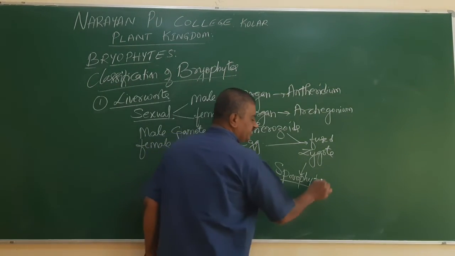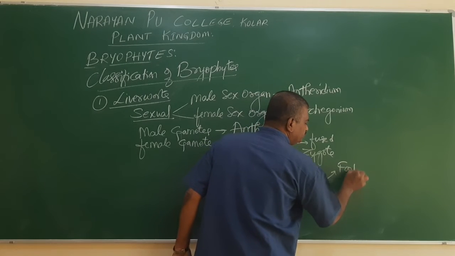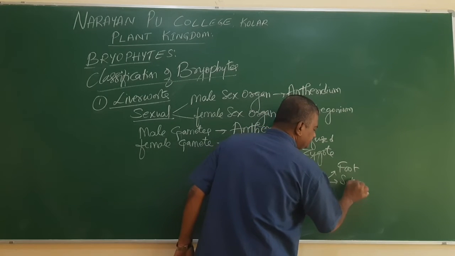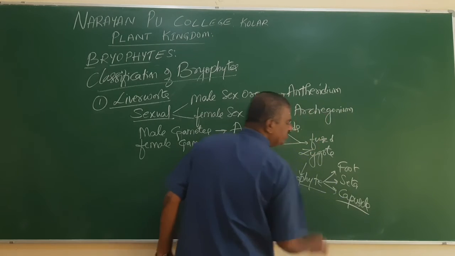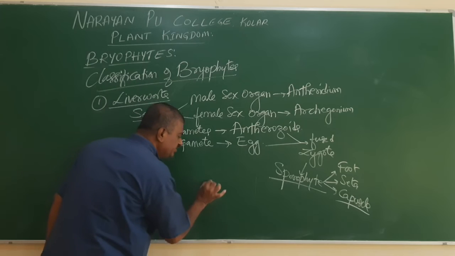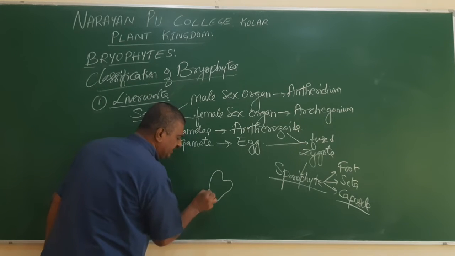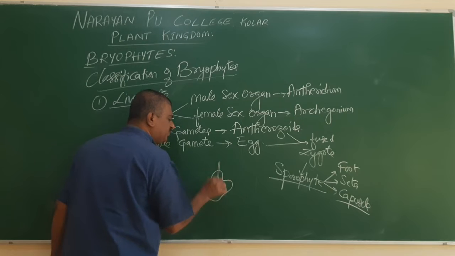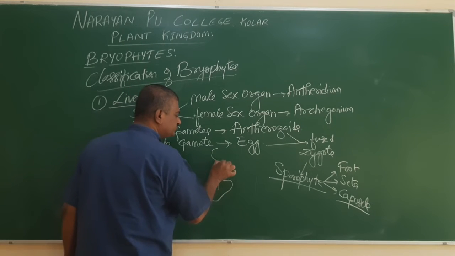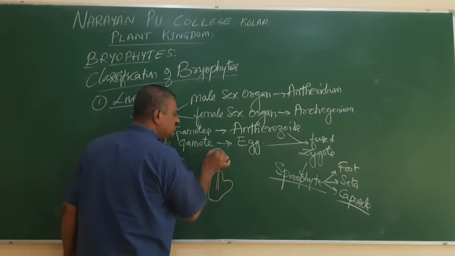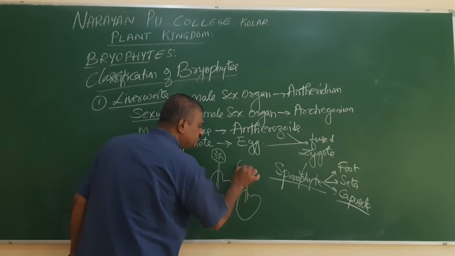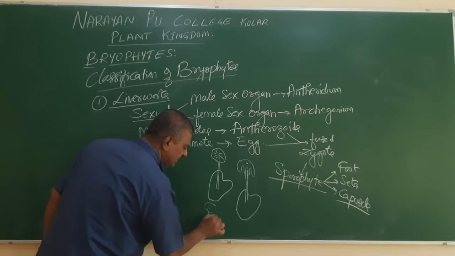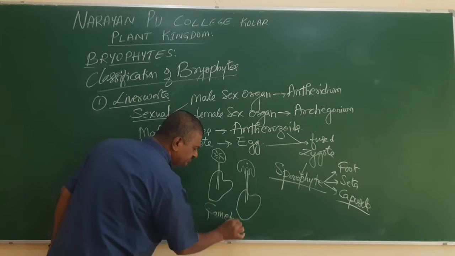Here the sporophyte has the presence of foot, seta and capsule. The plant body is usually the gametophytic plant body. This is called the male plant, and this is called the female plant. They are gametophytic.